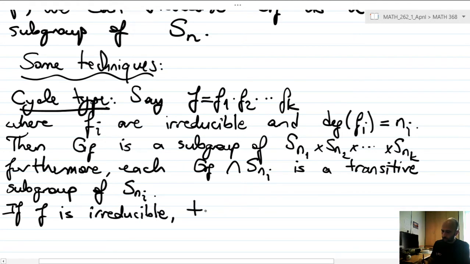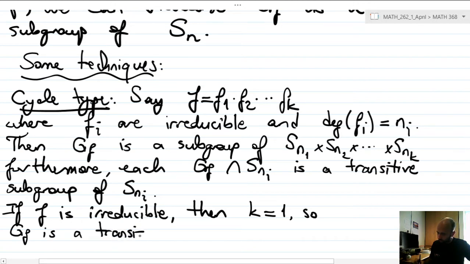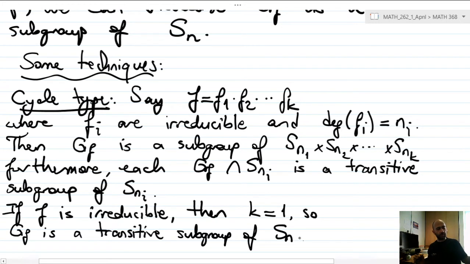Then, of course, k is 1. So this tells us that G_f is a transitive subgroup of S_n itself. So this provides some economy because not all subgroups are transitive, and so you just have to look at those which are transitive. Okay, so this is the first thing maybe to look at.